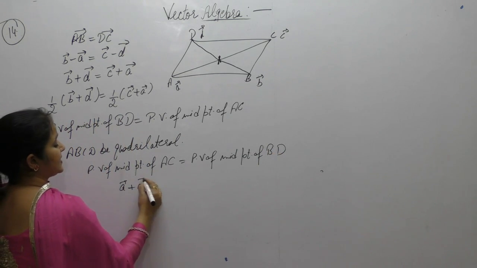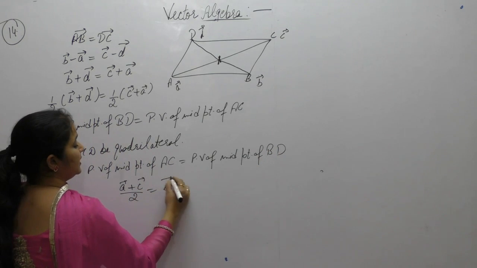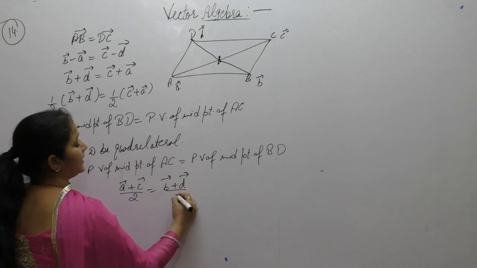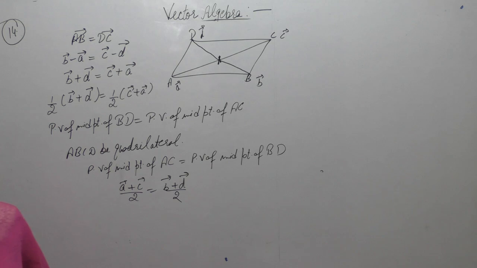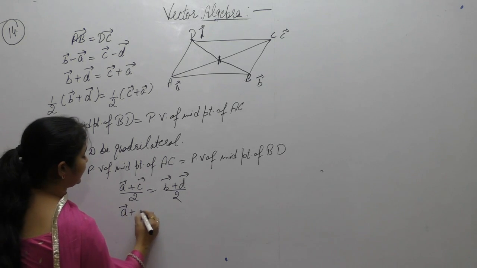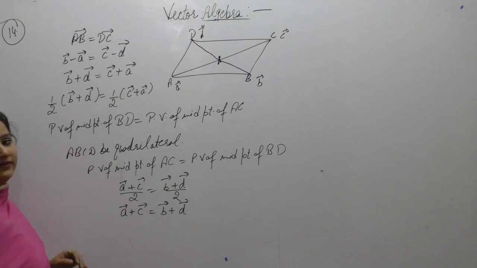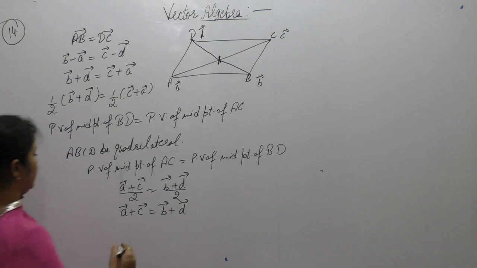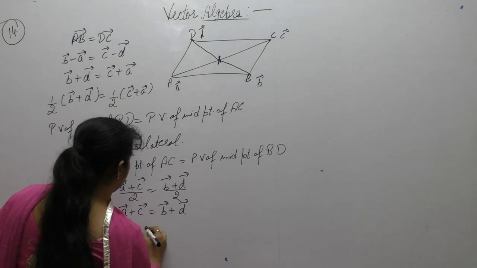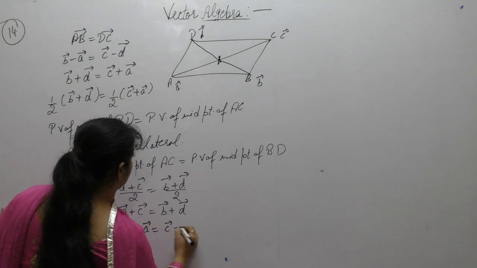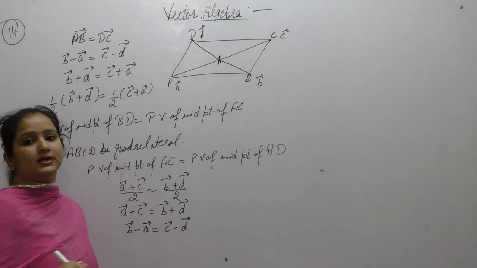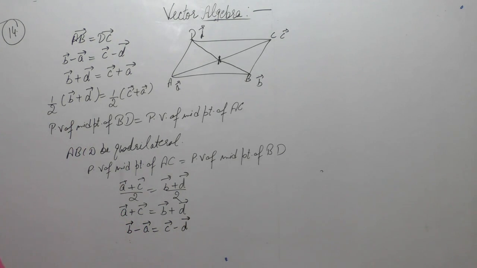A vector plus C vector upon 2 is equal to B vector plus D vector upon 2. The 2 will get cancelled, so A vector plus C vector equals B vector plus D vector, or we can write it as B vector minus A vector equals C vector minus D vector.